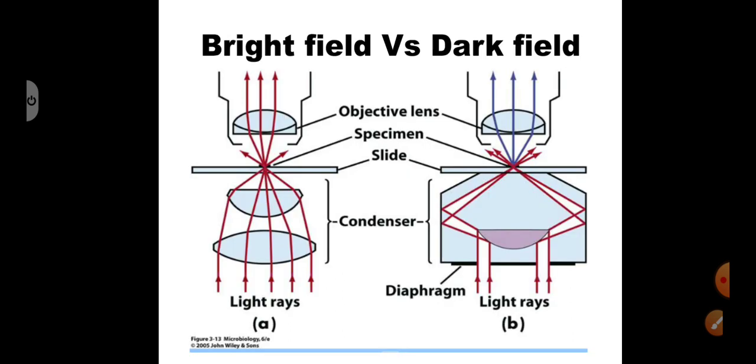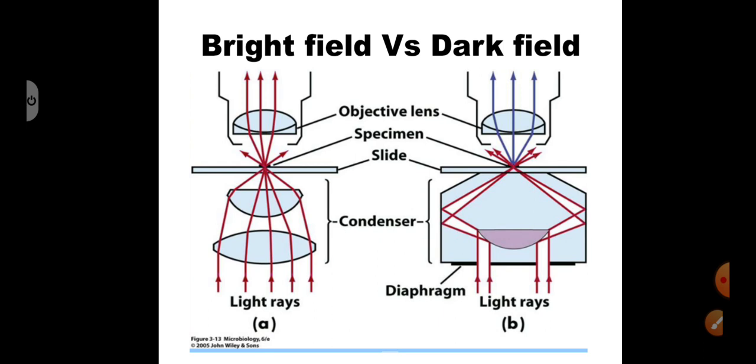Now let us compare the bright field and the dark field microscope. On the left side you have the bright field. You can see the light rays are entering through the condenser and they are falling on the specimen, and then these rays are falling into the objective lens. Look onto your right. Here is a dark field microscope with a condenser. You can see the light purple colored dark field stopper, which is not allowing all the light rays to come in.